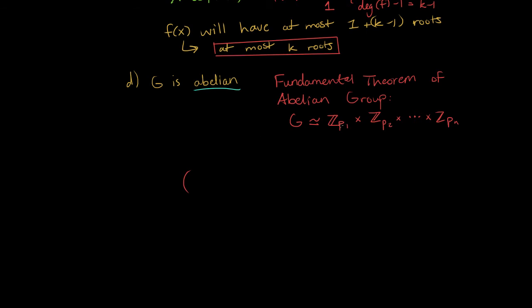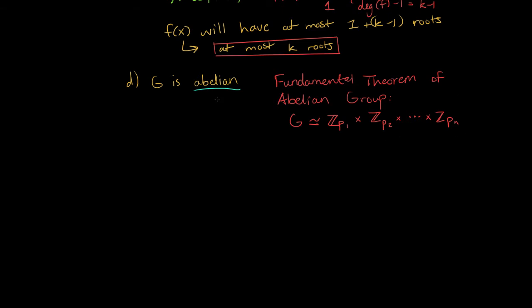So maybe if this was Z2, Z3, Z5, then 1, 2, 1 would be an example tuple. And you can add these and multiply these component-wise. And the fundamental theorem of abelian groups says that an abelian group is structured enough to always be isomorphic to some direct product of the integers mod primes. And because we know about the integers really well, this is going to be helpful for discussing abelian groups.